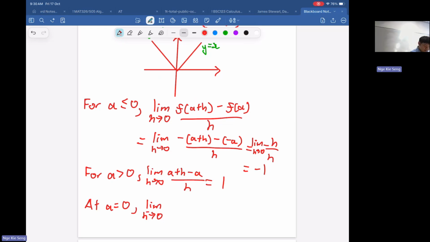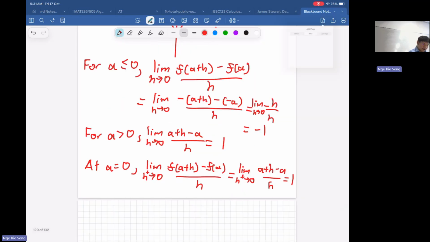If you check the right limit, the function you're going to use is the positive one, which is (a plus h) minus a over h, which is 1.